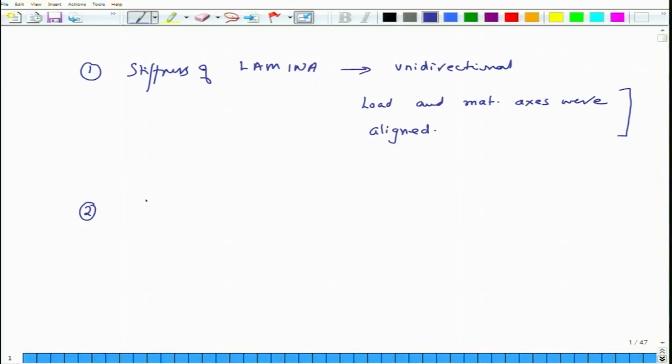In the next step we still focused on a lamina, but then our situation was that load and material axis were not necessarily aligned.